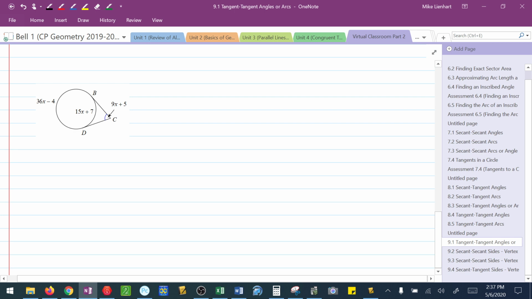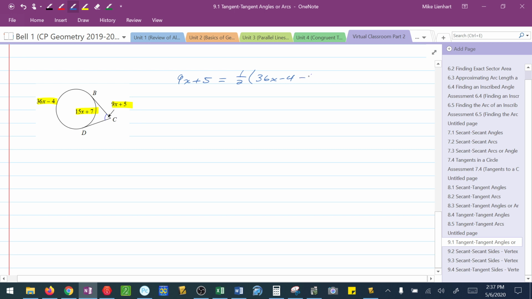Holy cow. Look at this. All right, so I've got angle, big, small. I've got my three pieces. Even though I don't know any numbers, I know the three pieces. So I'm going to go straight to the formula that says the angle is equal to half big arc minus the small arc.